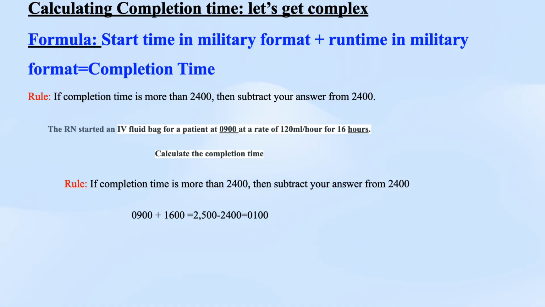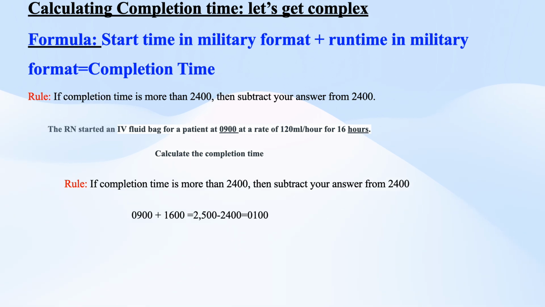So we have an RN that started IV fluid bag for a patient at 0900 at a rate of 120 ml per hour for 16 hours. Calculate the completion time. Plug in the numbers. Start time plus run time. Remember, 16 hours is our real language, real time.